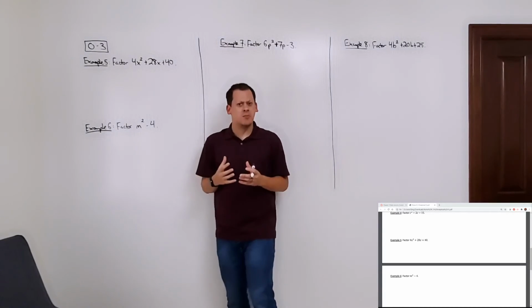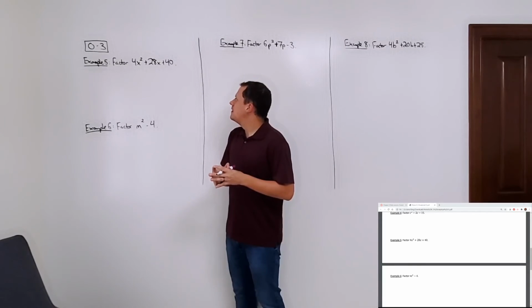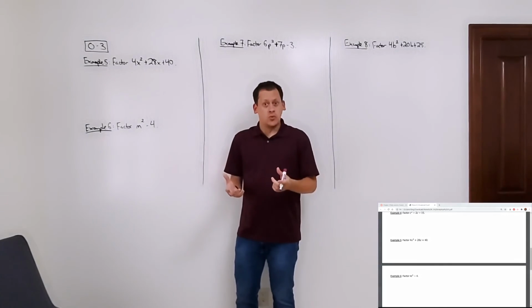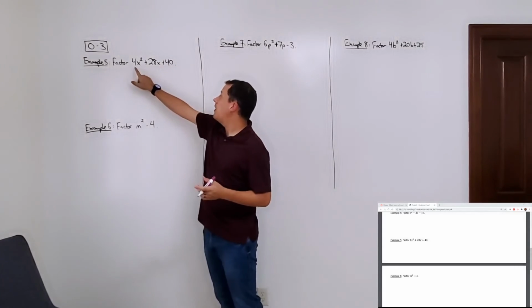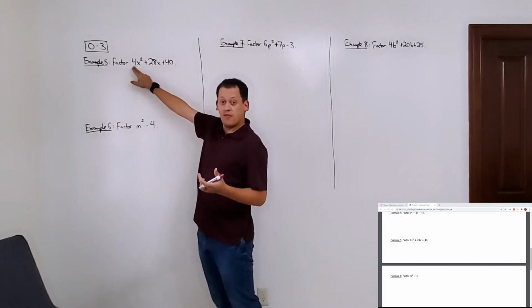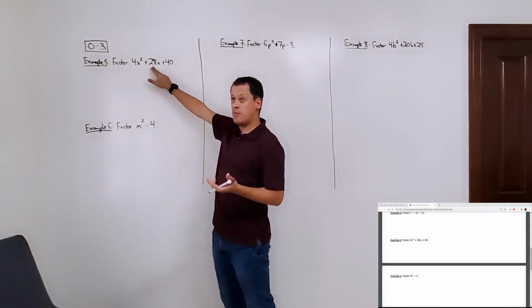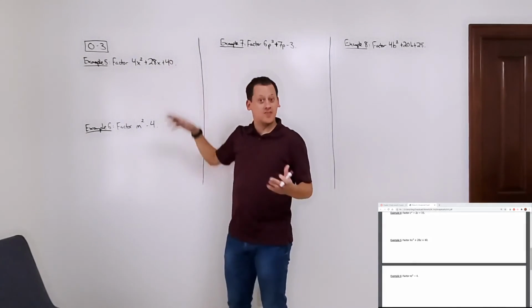What's the biggest number that we can divide them all by? Well, we can divide them all by 2. That's true because they're all even. But I think we can actually divide them all by 4. 4 divided by 4 is 1. 28 divided by 4, that's 7. And 40 divided by 4 is 10.